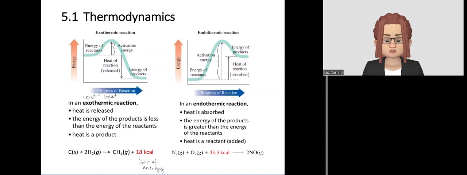When we look at the energy diagram for an endothermic reaction, one of the things we can notice is that the energy of the reactants is actually lower compared to the energy of the products. Now we're going to proceed to look at an example of thermodynamics.